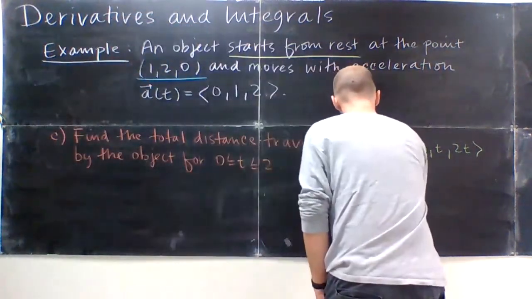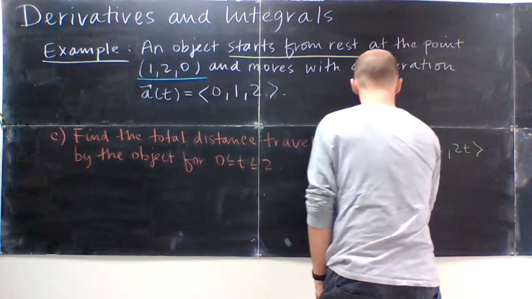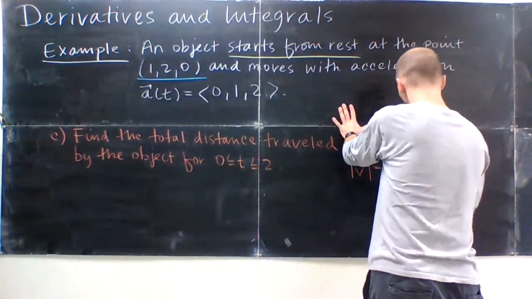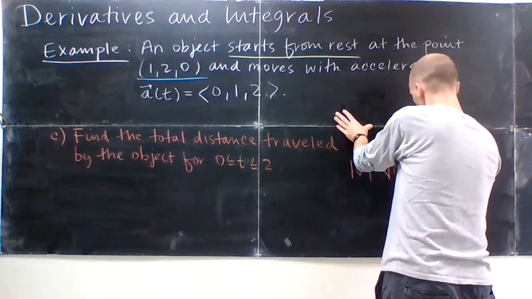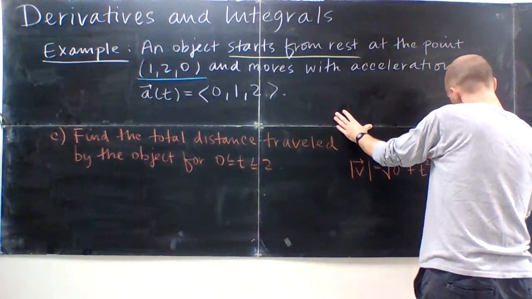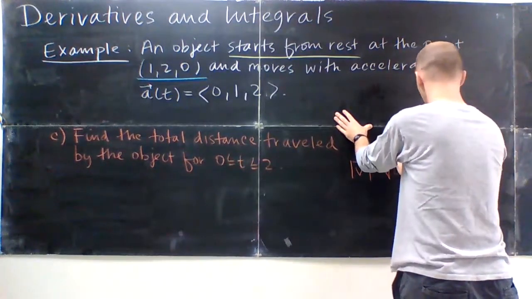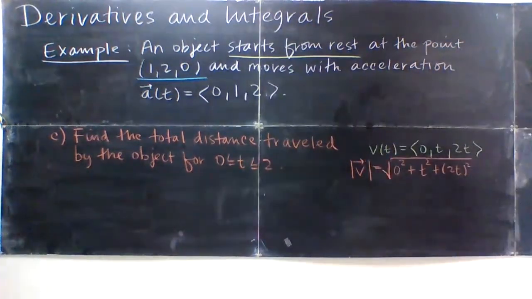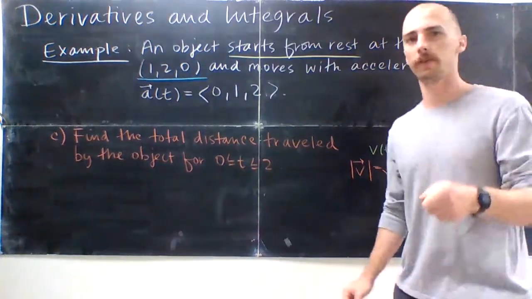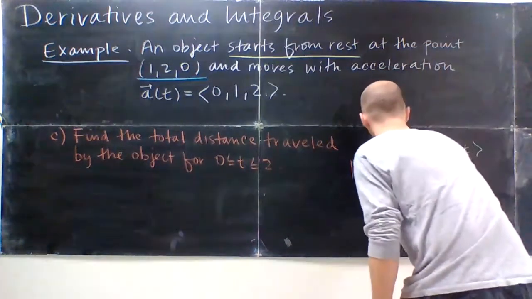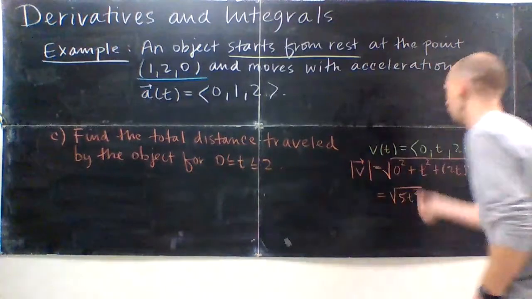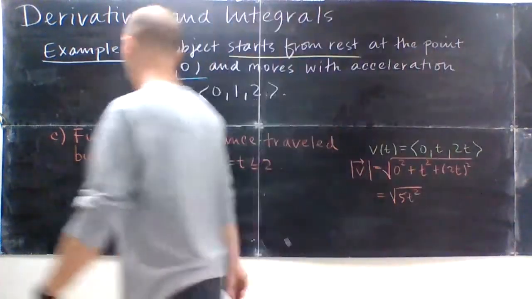So I need to go over here and say that the absolute value of v is going to be the square root of 0 squared plus t squared plus 2t squared. And then I'm going to have t squared and 4t squared, which is a total of 5t squared. Maybe you can see where I'm going here.